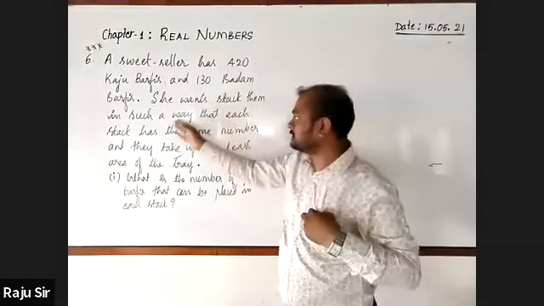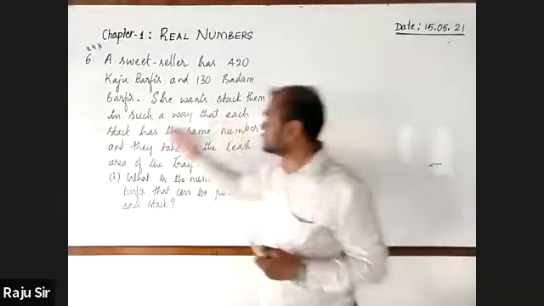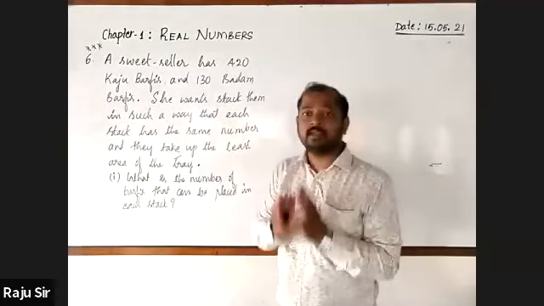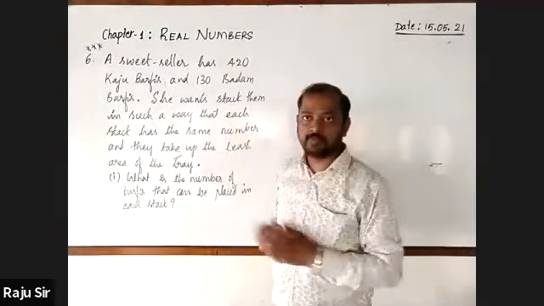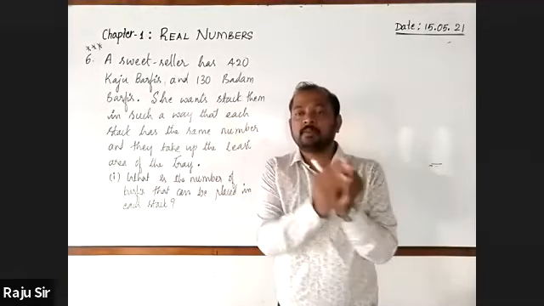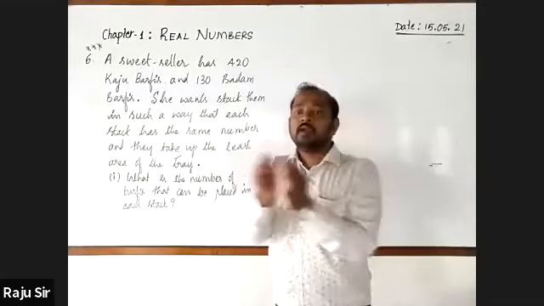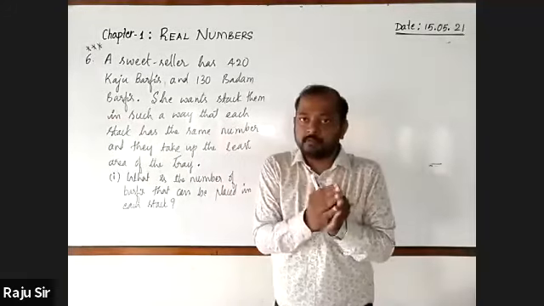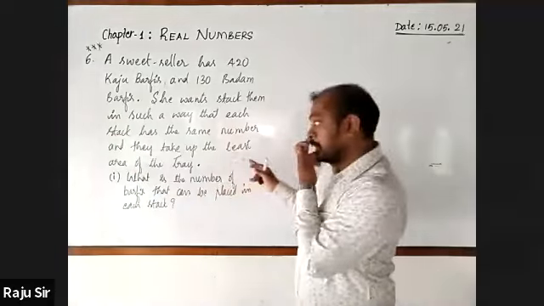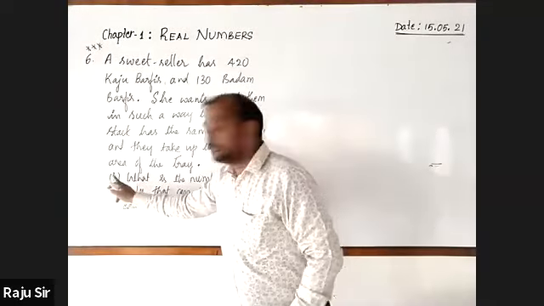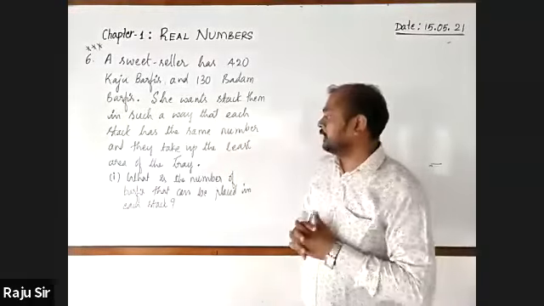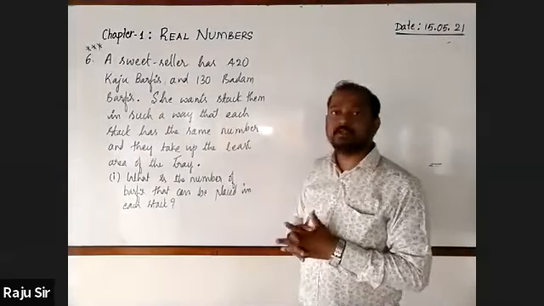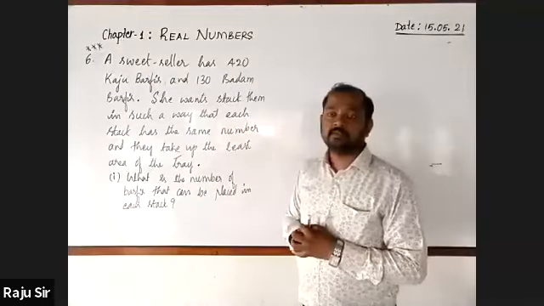She wants to arrange them in such a way that each stack has the same number of burfis. In every stack, some number of kaju burfis and some number of badam burfis will be there. Then, the first sub question is, what is the number of burfis that can be placed in each stack?